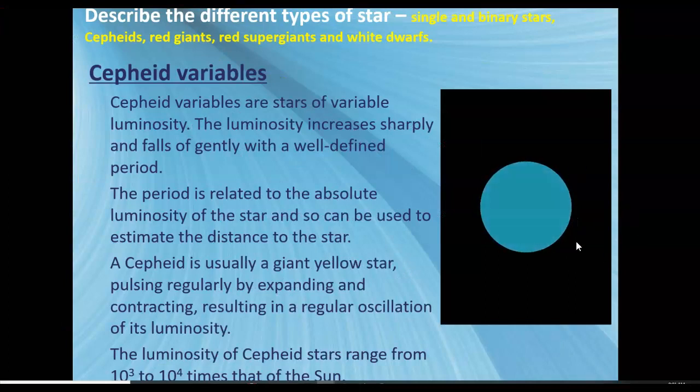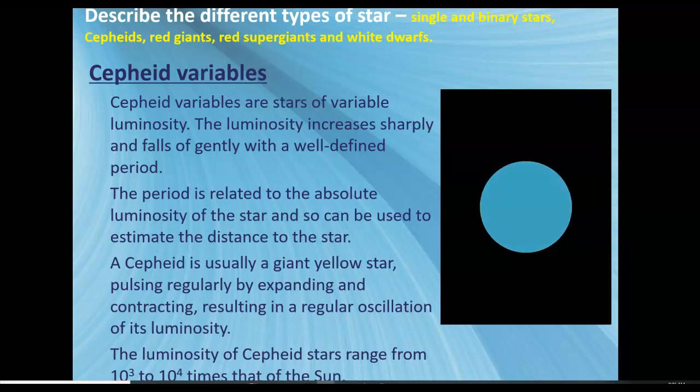This is kind of what a Cepheid variable looks like, and you don't need to know why a Cepheid variable works the way it does. It's a little complex. But basically, variable means changing. A Cepheid variable is a star whose luminosity varies or changes over time. Something like this, it gets brighter and dimmer over time.